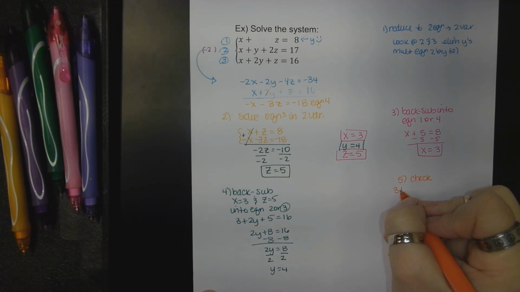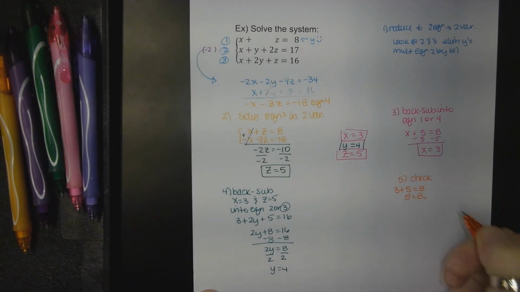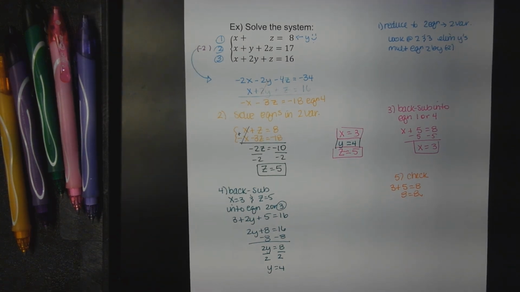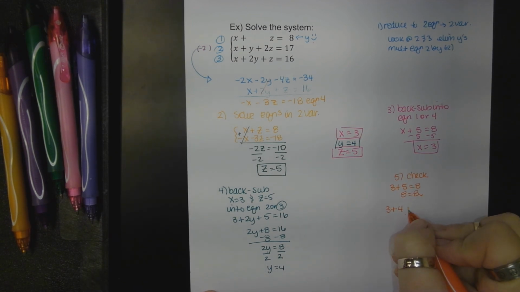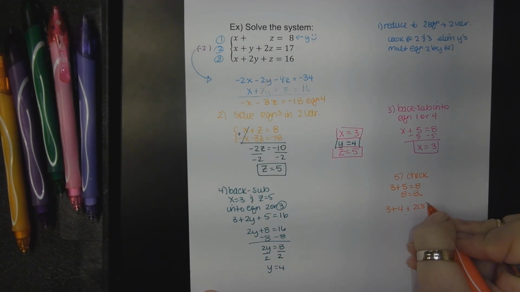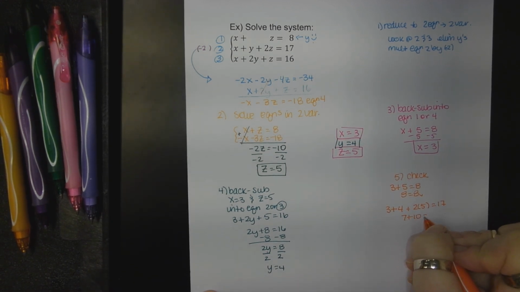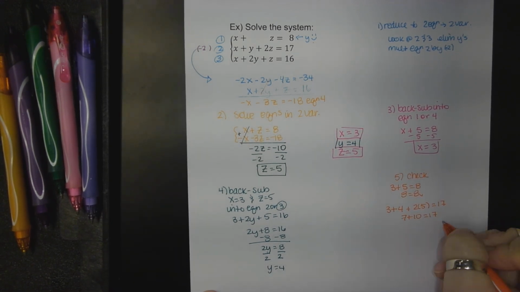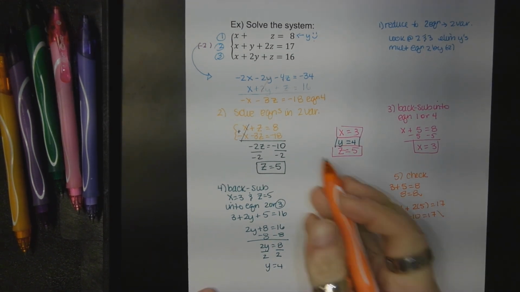So we have 3 plus 5 equals 8. Well, 8 equals 8 all day long, so we're good there. Now let's go to our second one. We have 3 plus 4 plus 2 times 5 equals 17. So that's 7 plus 10 equals 17. I believe we could all see that that's true. And then the last one.